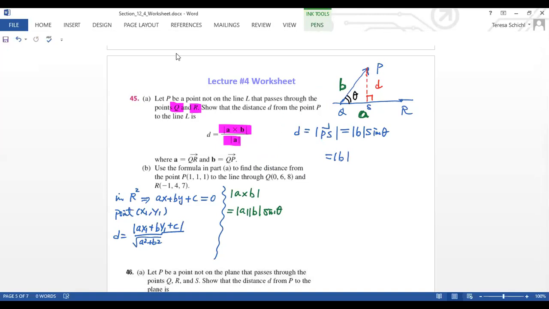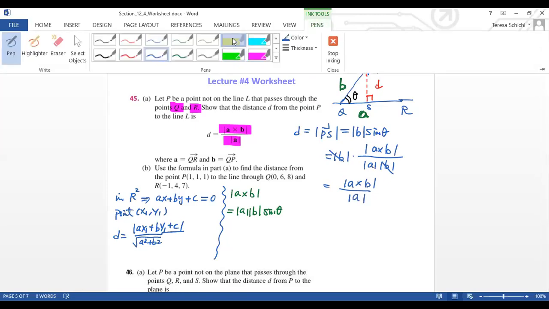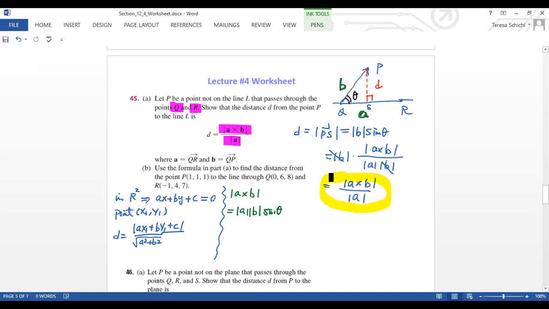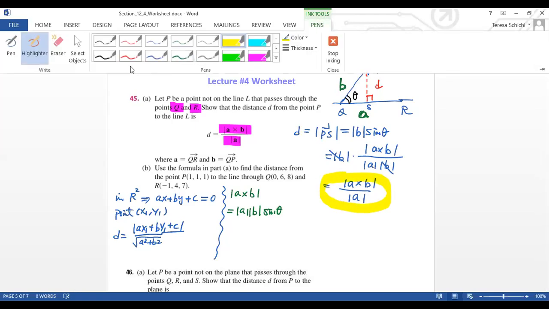It will be A cross B over |A||B|. Ta-da, cancel. How easy is that, right? So it's |A cross B| over |A|.